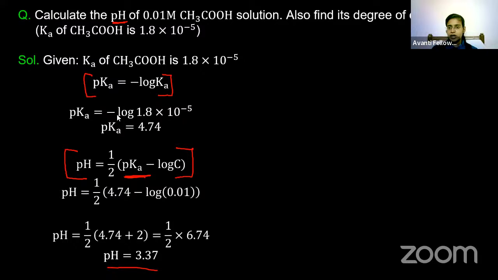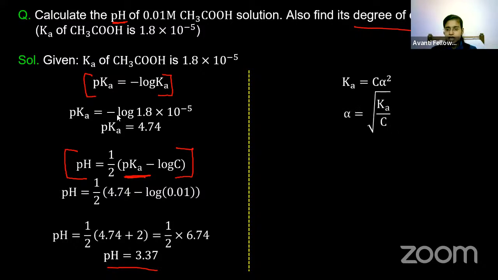Now to find out the degree of dissociation, what is the formula? Ka is equal to C alpha square. So what is alpha from this? It is root of Ka by C, right? Root of Ka by C, and I know the value of Ka and also the value of C. Substitute everything which is given in the question and take out the root. You can also take this as 10 to the power minus 2.